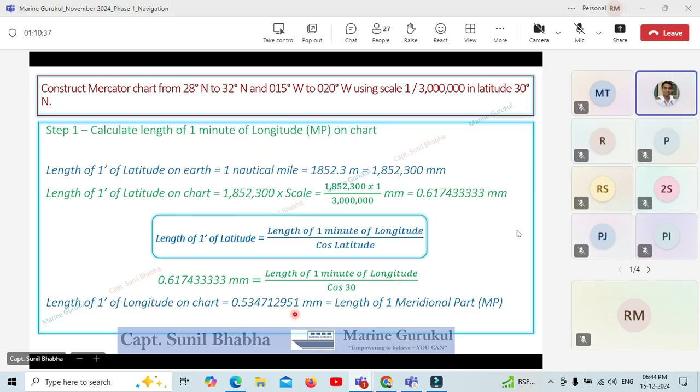Now this is also equal to the length of one meridional part, in short known as MP, Mike Papa. One meridional part is nothing but exactly same as 1 minute of longitude. So once we have this length of 1 minute of longitude, we can easily construct the chart.